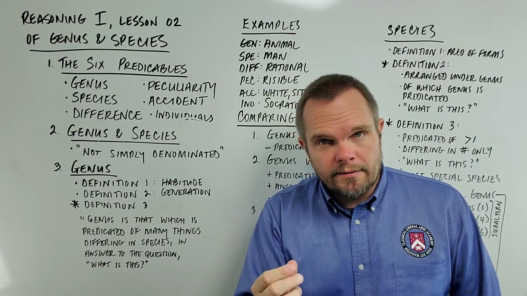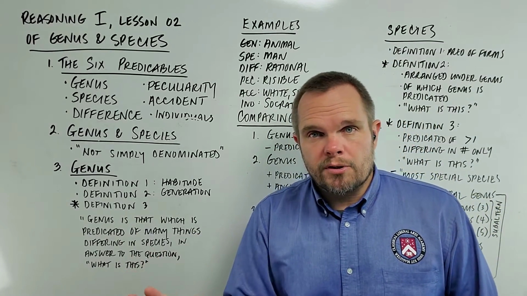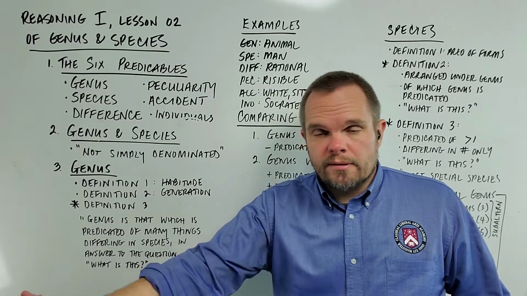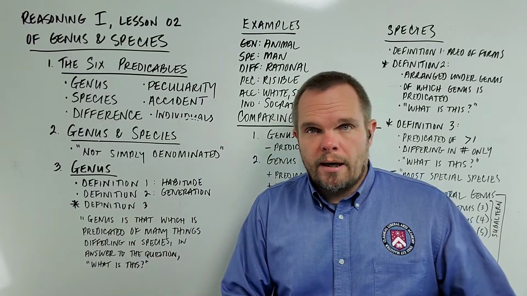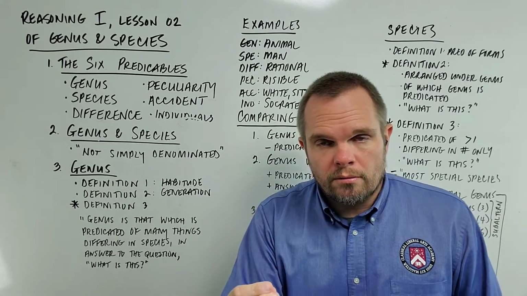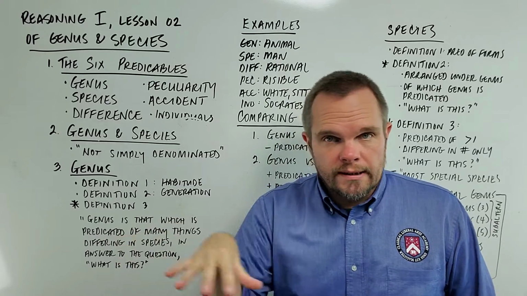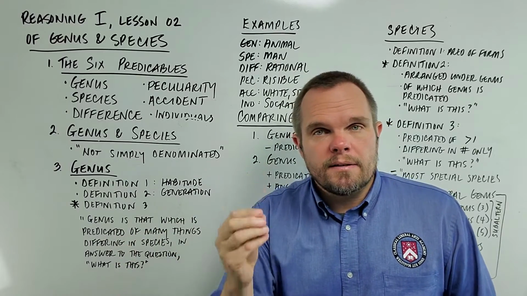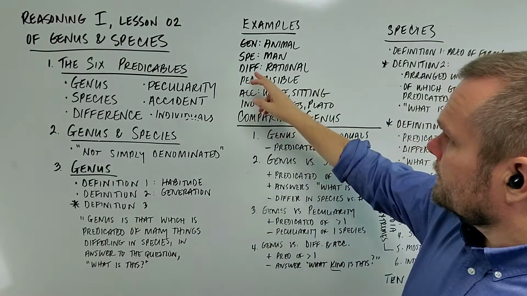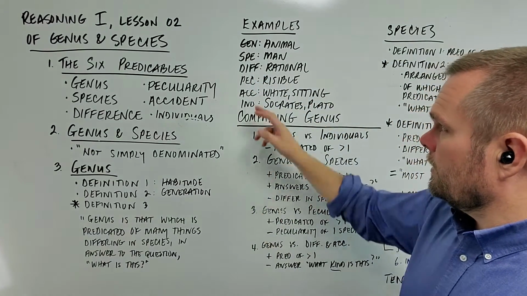So an accident doesn't necessarily have to be true of something, but can be, or at different times may be true, other times may be false. A peculiarity must be true of a certain thing or a certain class of things, but it doesn't define that thing. Next, difference.